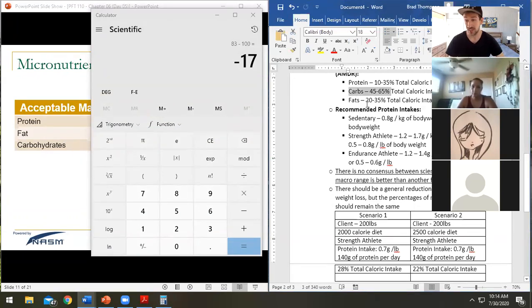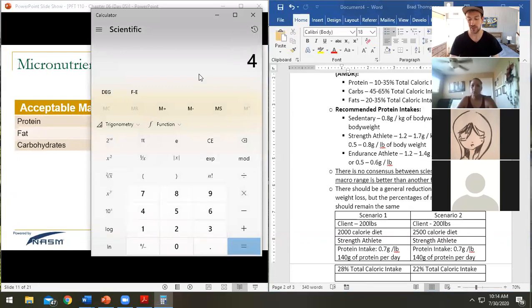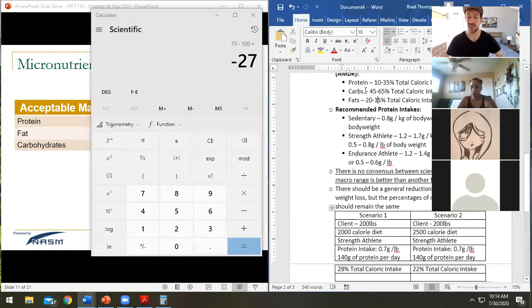So instead, let's try 45% carbs. So 45% carbohydrates, plus I've already figured out it's 28% of my intake from protein. That's 73, minus 100. That leaves me with 27, which falls well within normal ranges. So I picked a slightly lower carb variant on this side.